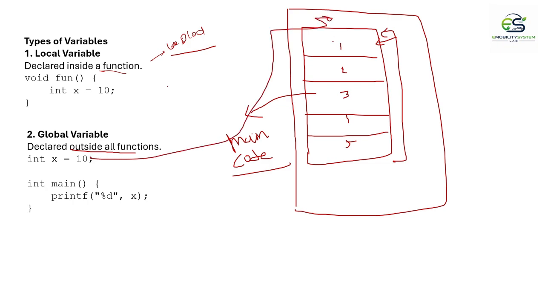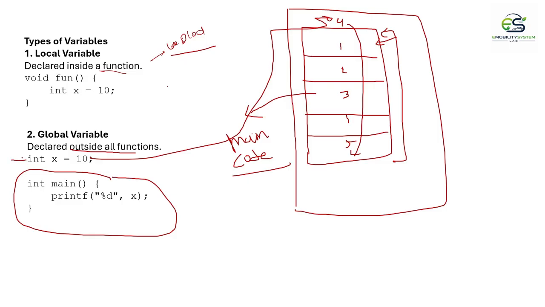A global variable is written outside all the functions, so the data stored in it can be accessed by all the functions. So we are initializing the global variable outside the function.